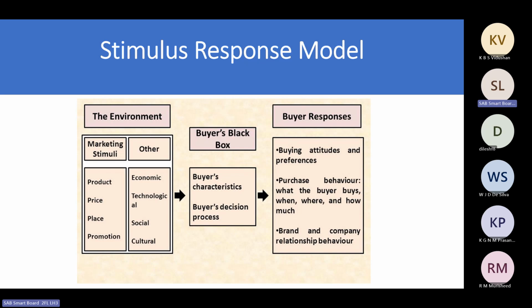And once they get exposed to different stimuli, they might be going through something called the buyer's black box, which is very difficult for companies or marketers to understand, the process of how internally the customers are making their consumption decisions.